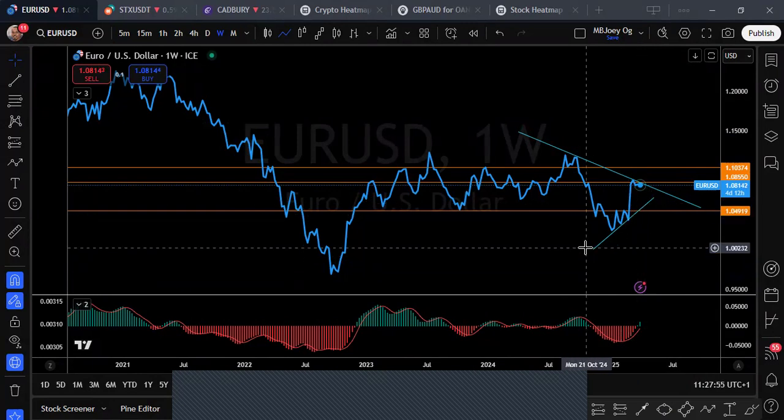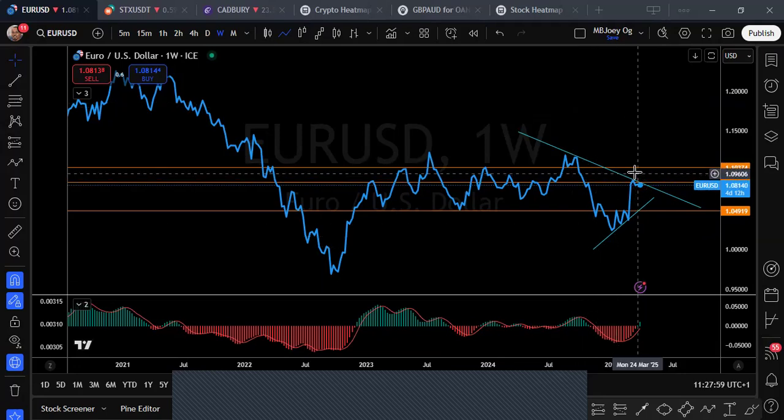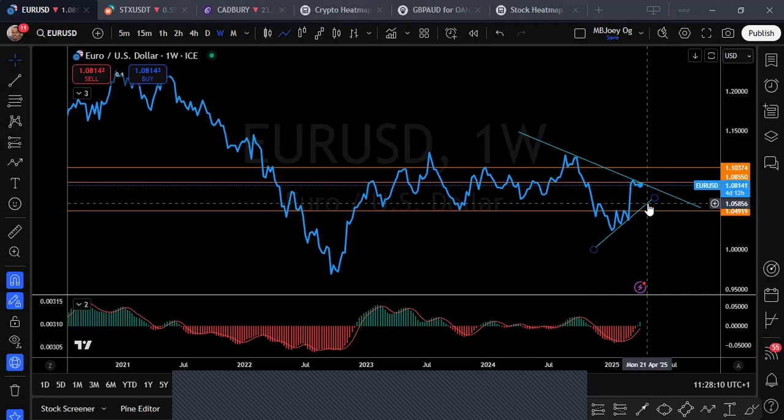Looking at this critically, if the market gets here and it rejects, don't forget it is also sitting around a support or resistance area. If it rejects this point and continues to push lower, then more than likely the market will be going downward.